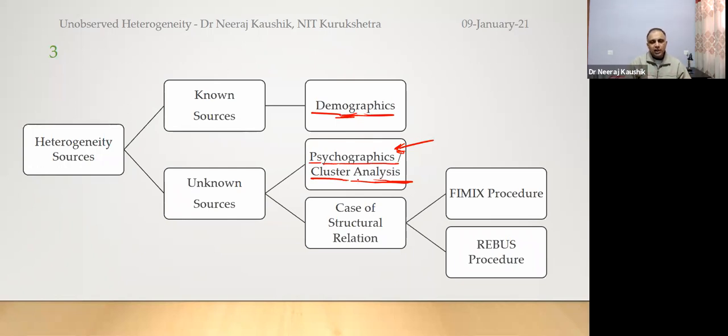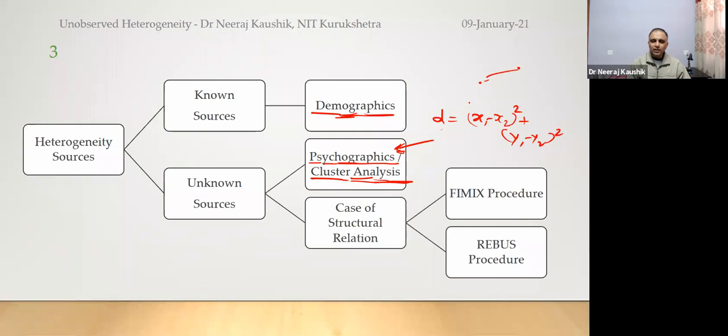But the problem with psychographics is that here there is no concept of dependent and independent variable. Absolutely not. There are these statements and we simply look for a formula. Do you remember this formula of coordinate geometry? The distance between two points is given by the square root of (x1 minus x2) whole square plus (y1 minus y2) whole square.